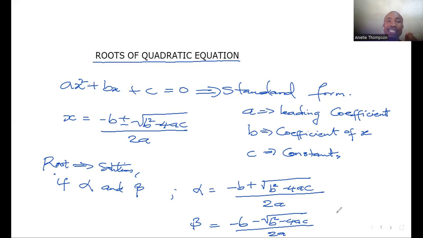Okay, so in this context, I'm going to show you that there are ways we can manipulate the solutions of this quadratic equation without actually solving the problem itself.